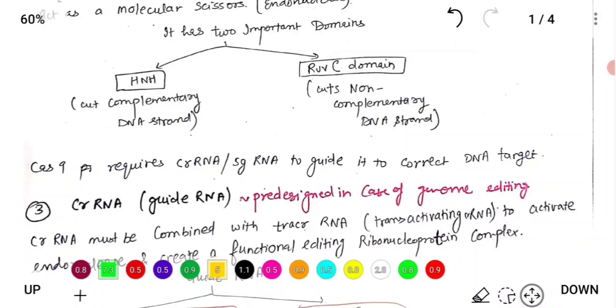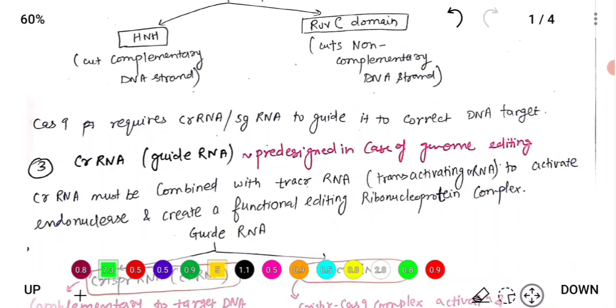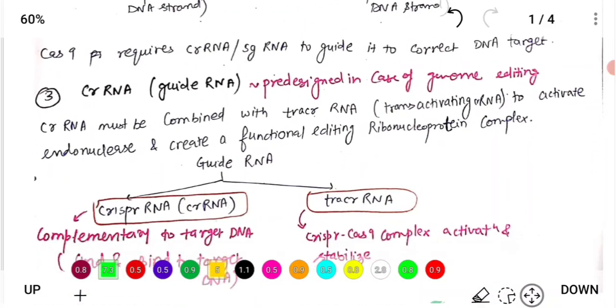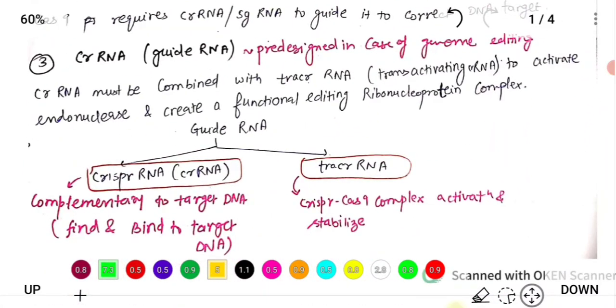It needs someone to guide where the target is. So we need the guide RNA, so that it will guide the Cas9 that this is the correct location where you need to cut. This is the correct DNA target. There you can cut.